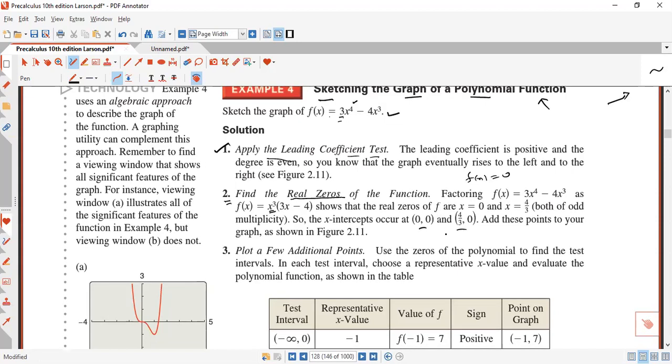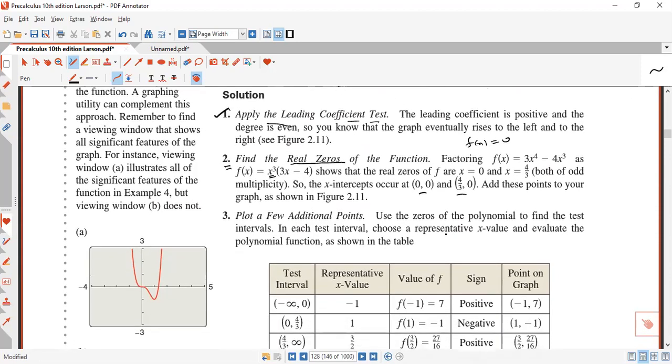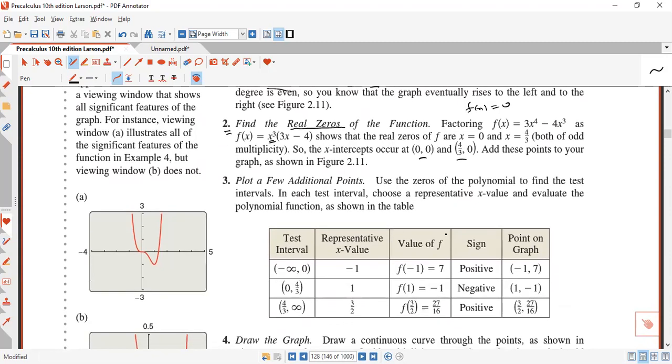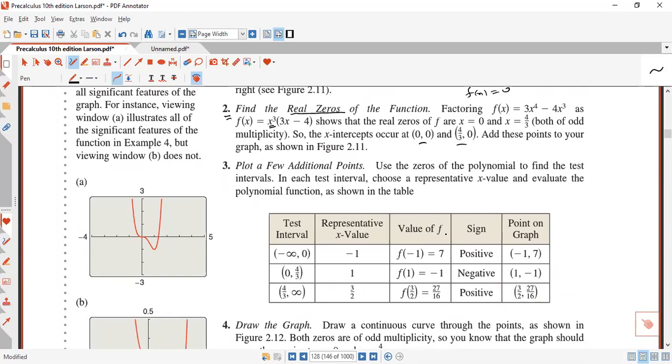After these steps, the third step is very important. You have some additional points. After getting the x-intercepts, you plot a few additional points. That is totally up to you, but the points should be in between these x-intercepts, means between (0, 0) and (4/3, 0).